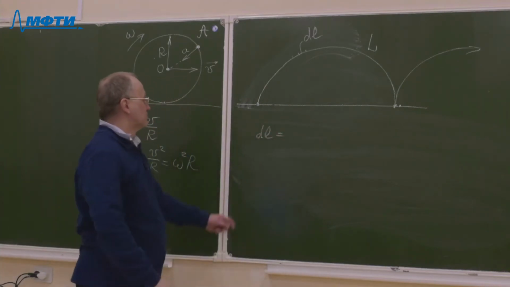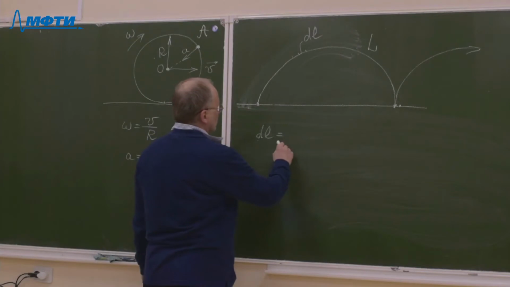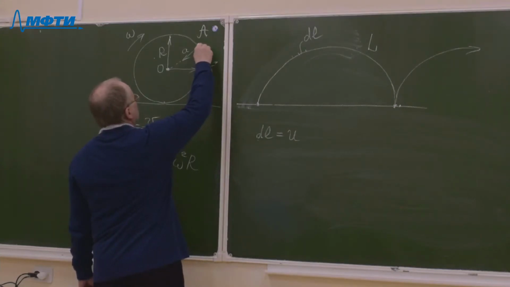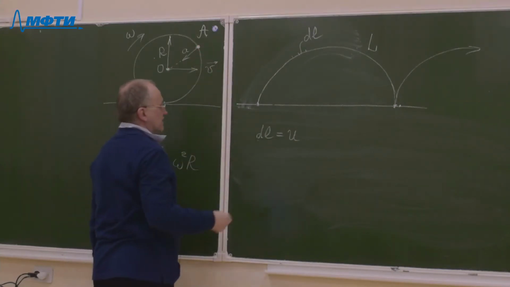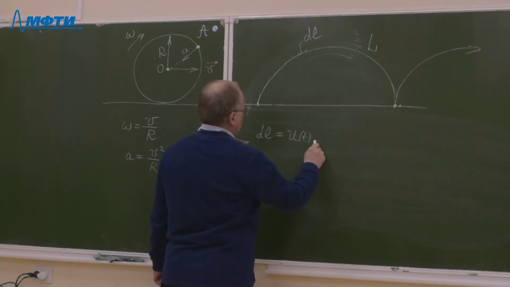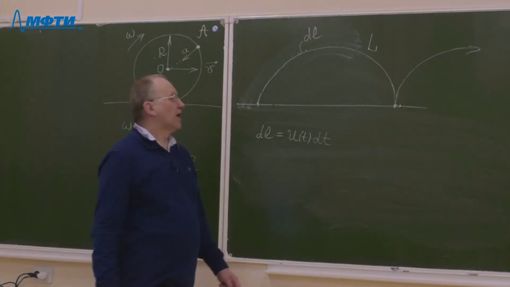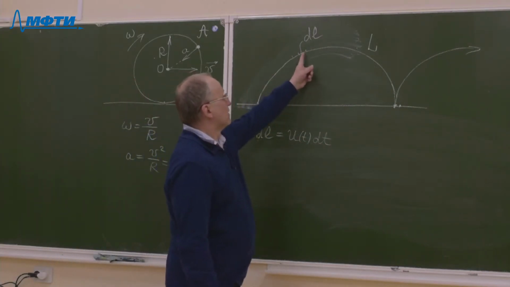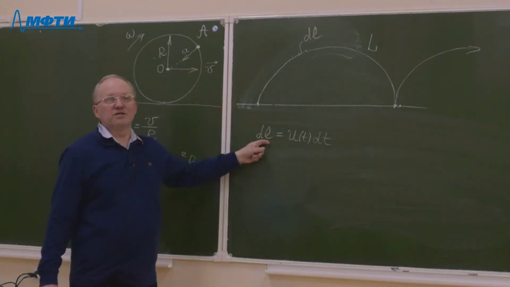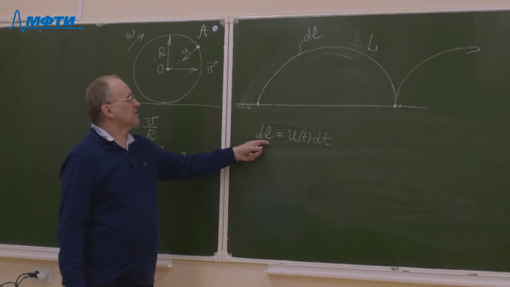And this small distance can be determined as the velocity of point A, which is a function of time, multiplied by a small time interval dt, during which this point moves along this small interval of the curve, along this small displacement dl.